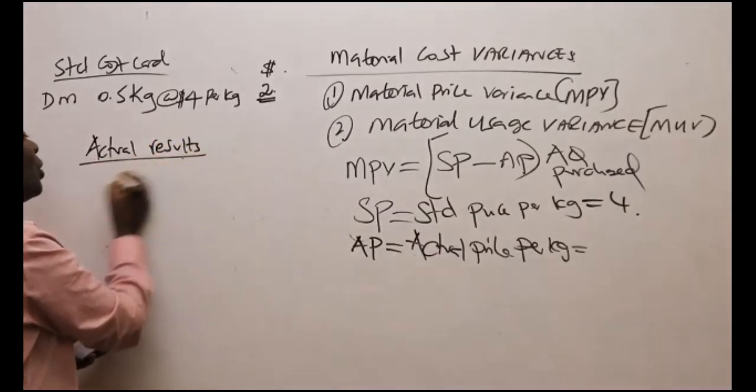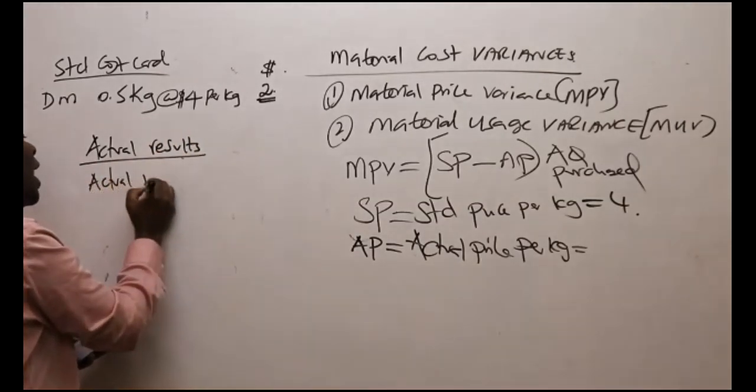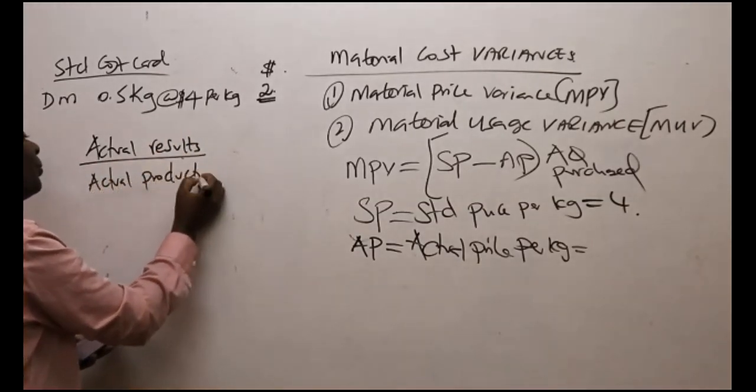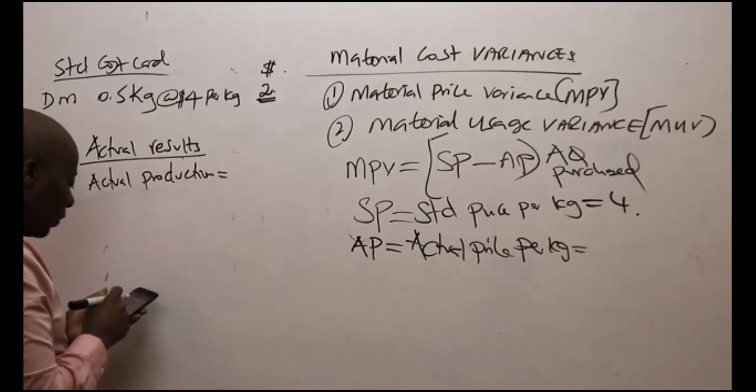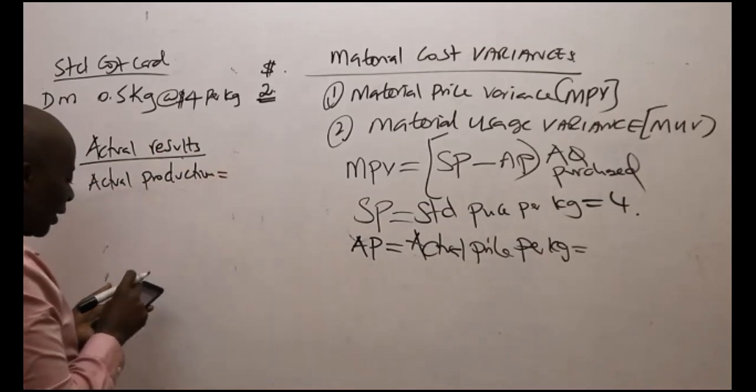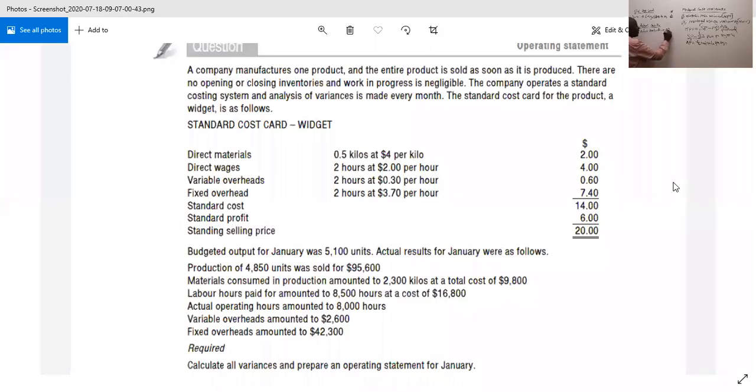In these actual results, they have given us the actual production. If you're able to see your question very well there, they have told us the actual production was 4850 units.